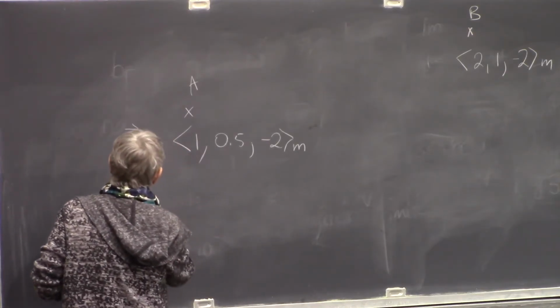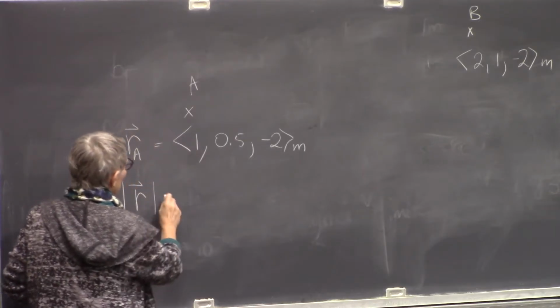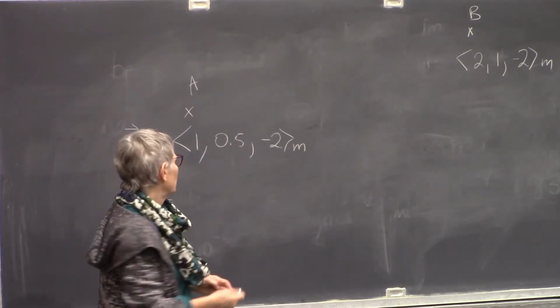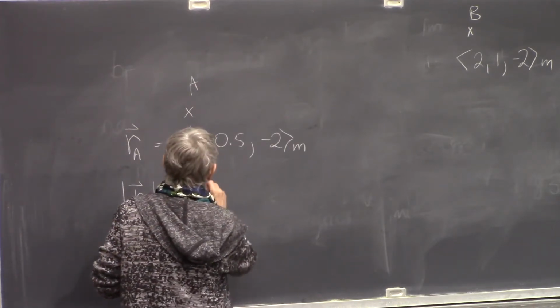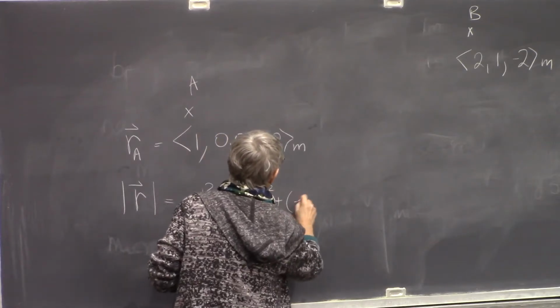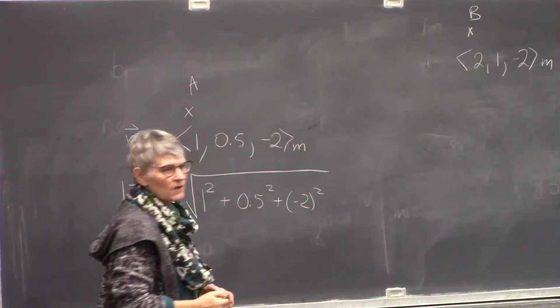Then r has a magnitude, which we calculate with the Pythagorean theorem. So it's just 1 squared plus 0.5 squared plus -2 squared. Take the square root of that whole thing.